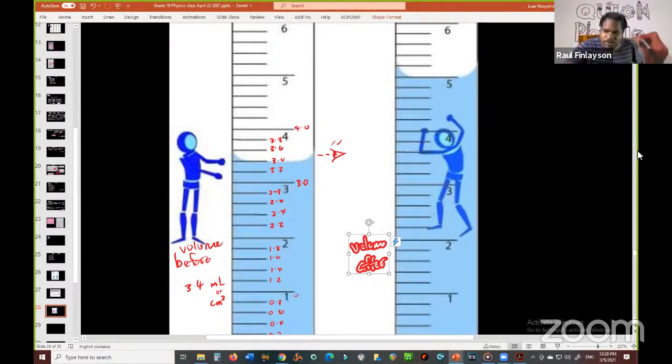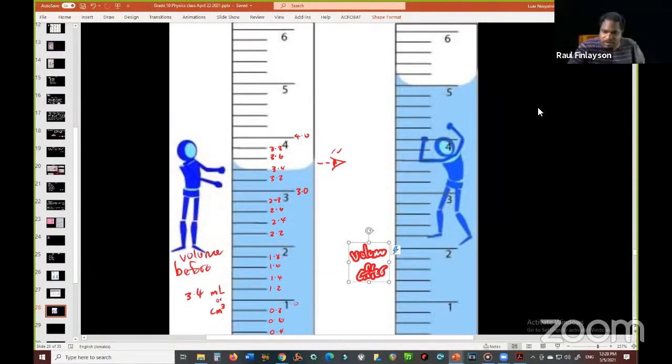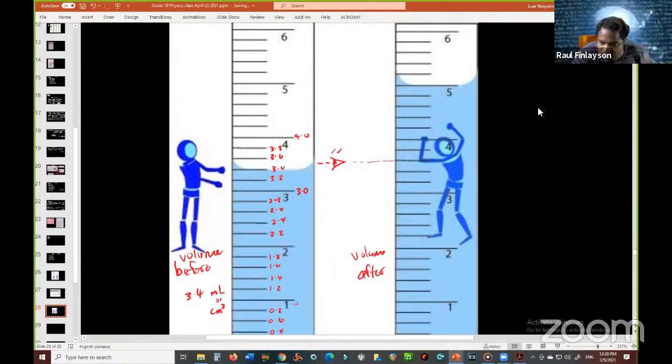And afterwards, he decides to go inside the container and the volume changes from 3.4. So let's remember that first volume here, 3.4. This was where it was. So 3.4, although this is at the same level. Actually it was right there.